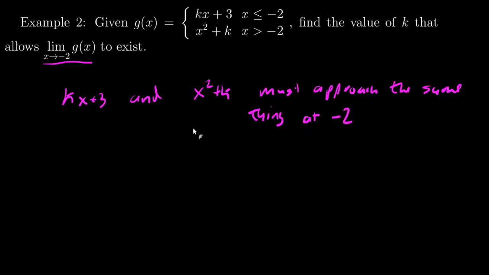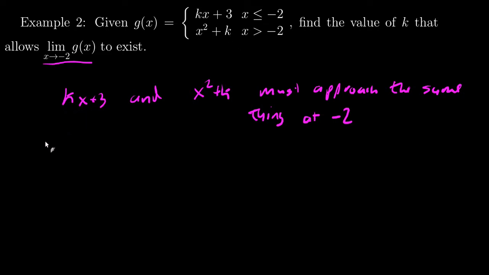They must be approaching that. This one from the left, because to the left of -2, we're going to consider this function, and this one from the right. And so all I need to do, which we'll get more into later, is say, okay, this is a line, this is a quadratic.